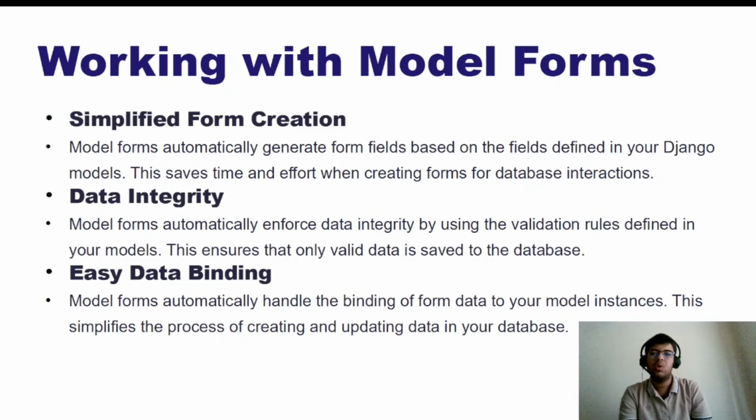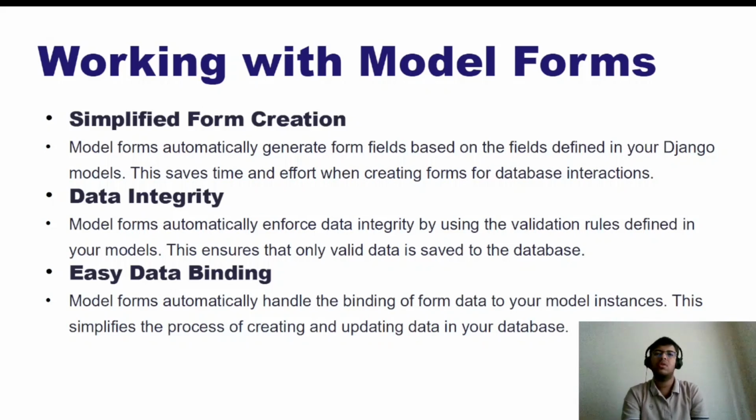Next is working with model forms. First one here is simplified form creation. Here the model forms automatically generate form fields based on the fields which you define in your Django models. It helps in saving time as well as effort for making multiple forms. Next is data integrity.